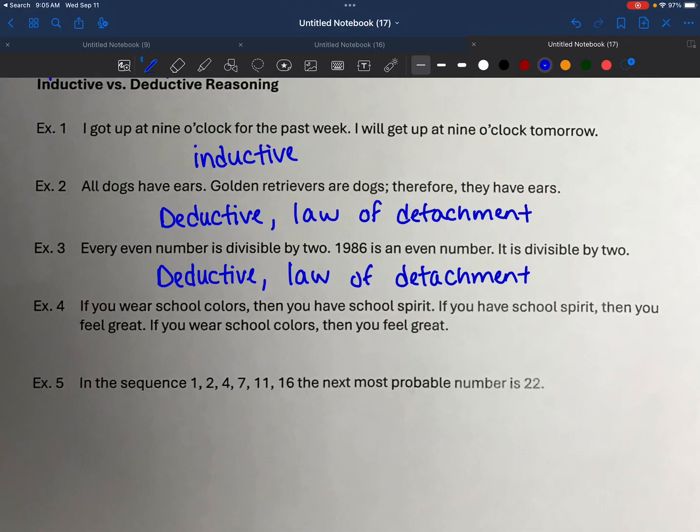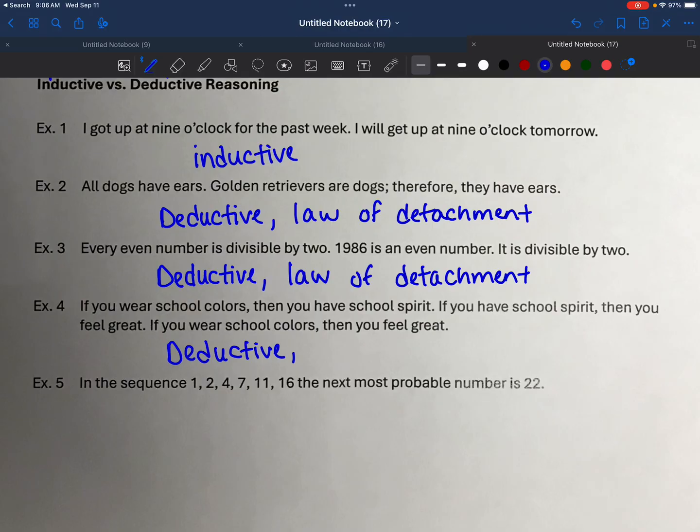Okay. All right. Example 4. If you wear school colors, then you have school spirit. If you have school spirit, then you feel great. If you wear school colors, then you feel great. Okay? Now, this looks like the examples we just did before, right? So this is deductive reasoning, okay?